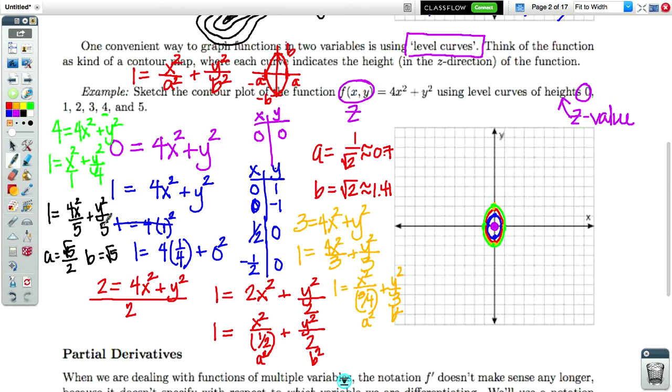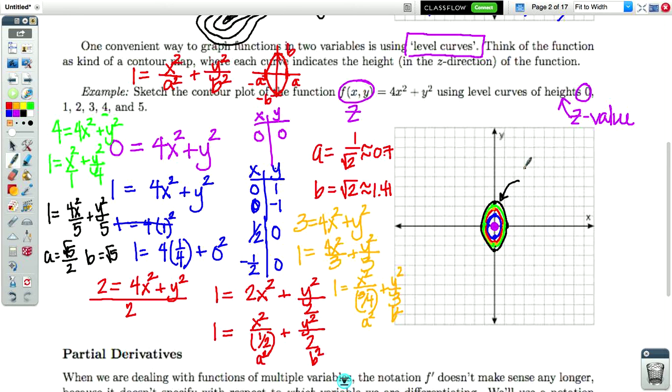I don't know the approximation for that one. Square root of 5 is about 2.23, so I'm going to go up here to about 2.23, and then the square root of 5 over 2 is just past 1 on either side on the x-axis. So there is our level curve.